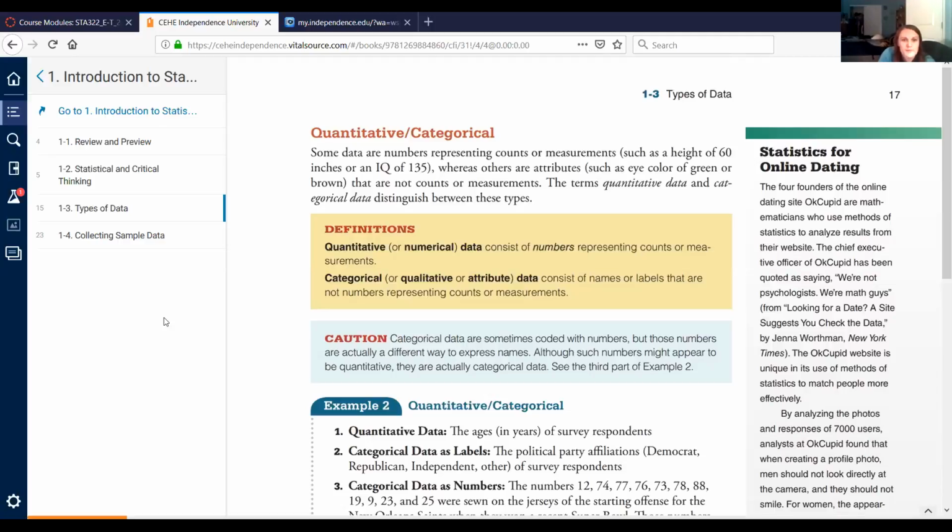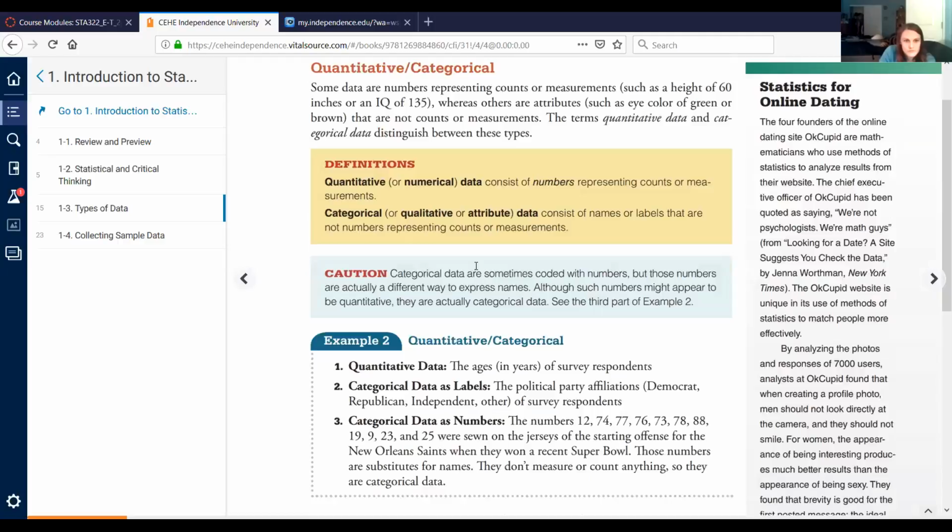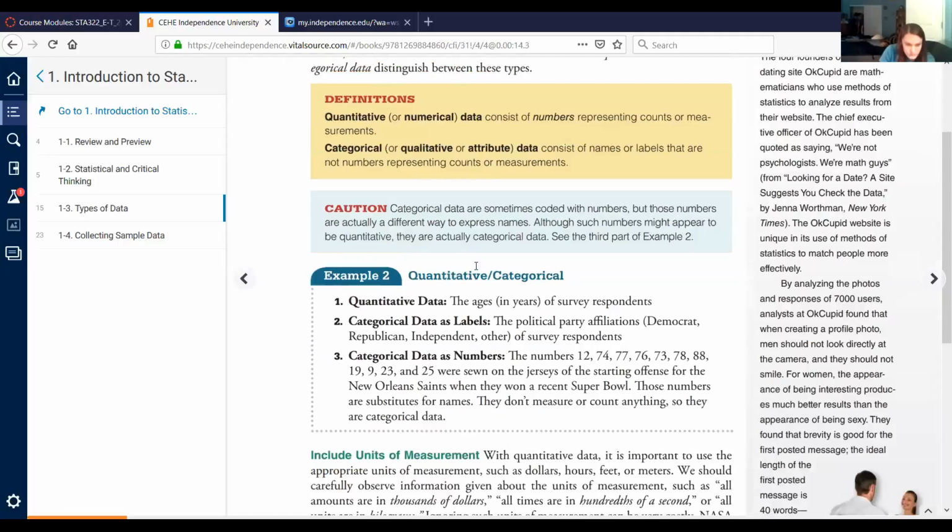They're just labels. So just because it's a number doesn't mean it's quantitative. Anything else, names, labels, colors, foods, whatever thing you're looking at, these are all qualitative data, or categorical as he calls them. In this class, we're going to use qualitative because that's what I learned.